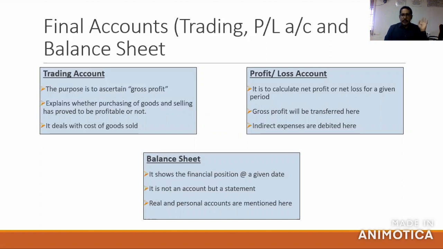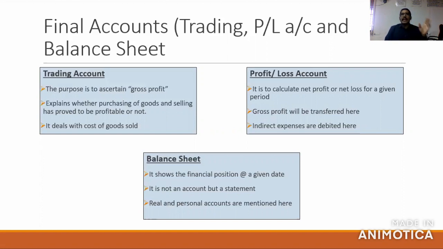And when it comes to profit and loss account, after preparing trading account, if there is gross profit, it is transferred to the profit and loss account, right? And after certain adjustments, debiting all expenses and crediting all gains, we'll be getting the net profit. All the indirect expenses are debited here. We'll also discuss what are direct expense and what are indirect expense.